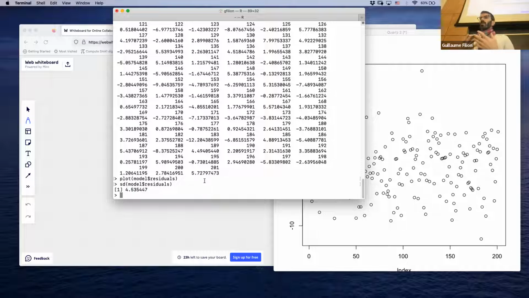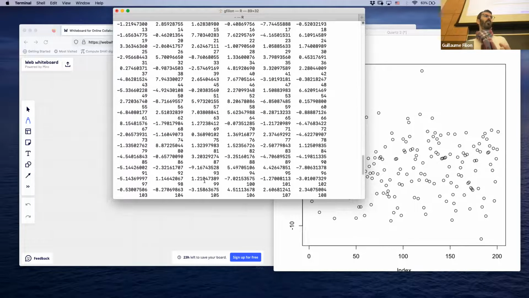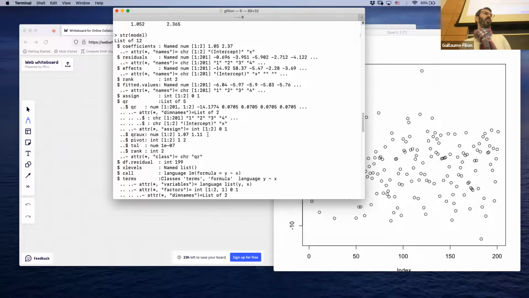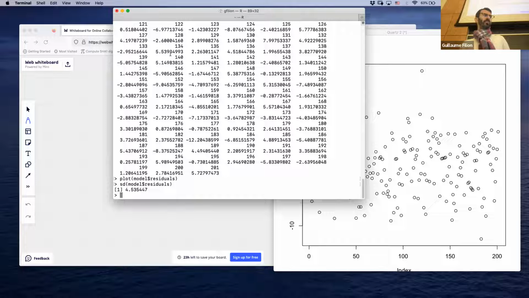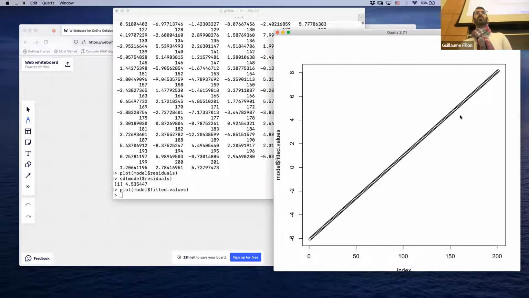Okay, so the LM object, what is output by the function LM, contains a lot of information in addition to the coefficients. It also has the fitted values. If residuals are the difference to the line, the fitted values are really the points on the line. So if you plot model fitted values, then what you get is the deterministic part.